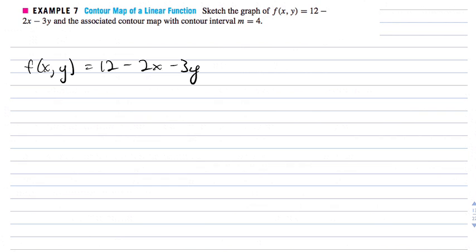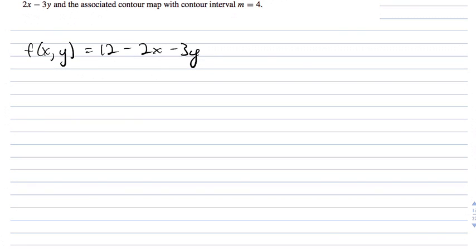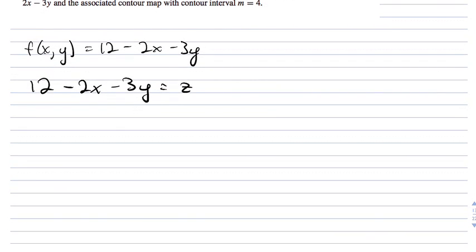Let's just replace f(x, y) with z, so we'll say 12 - 2x - 3y, and we're going to set that equal to z. If we get x, y, and z on one side and the constant on the other, they should look familiar. So I'll get 2x + 3y + z = 12.